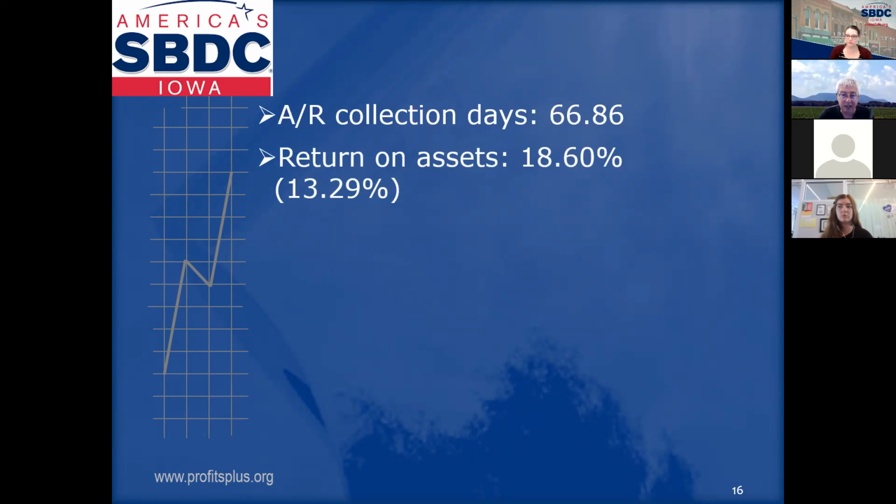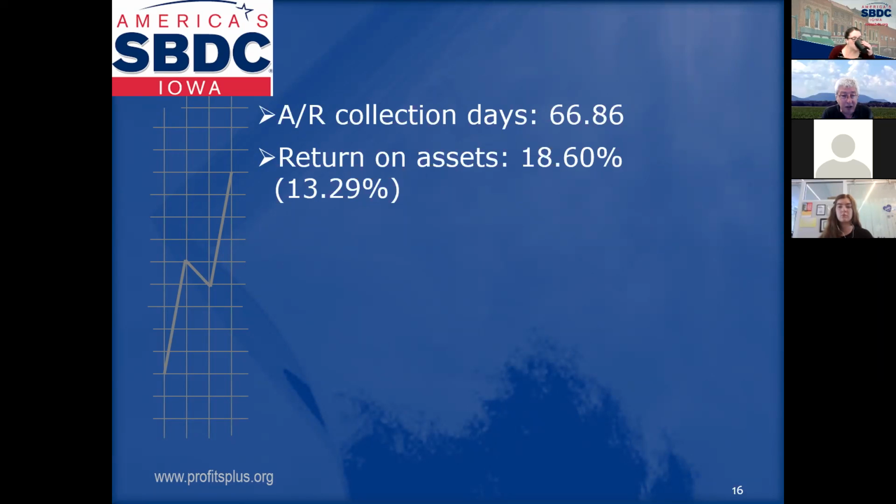Return on assets. We've gone from 13.29 to 18.6. All right, so when we look at this number, the return on assets is changing for us. When we look at the things like the net profit, we see a business that is getting healthier and healthier. Not that it wasn't healthy to begin with, but we got a business that's making some progress here.